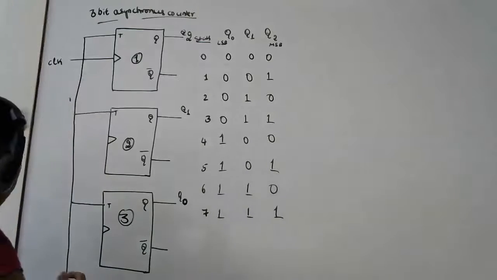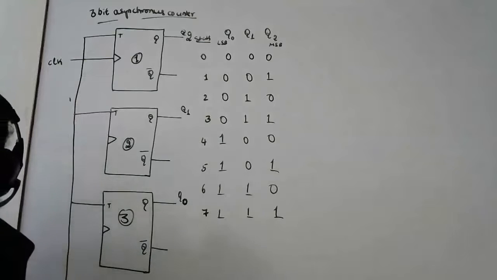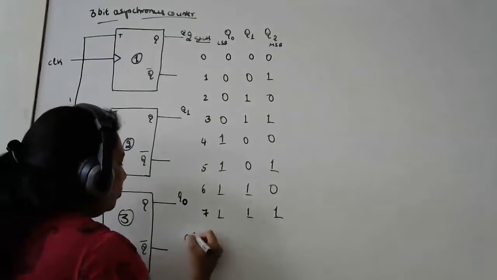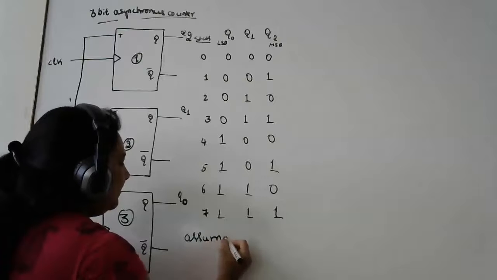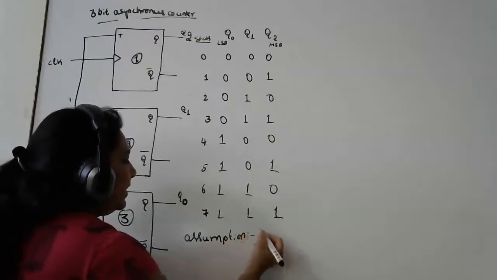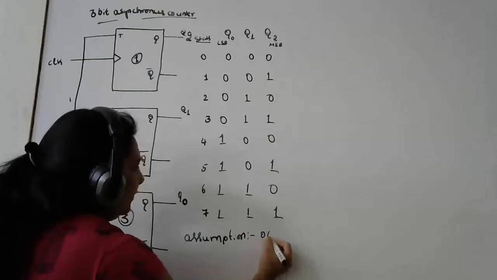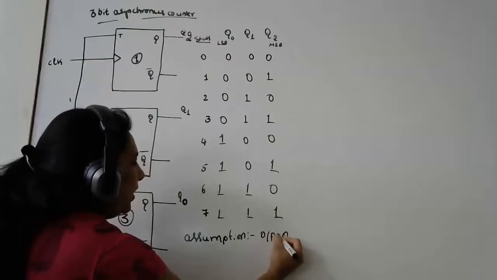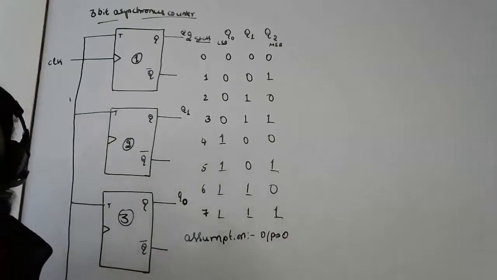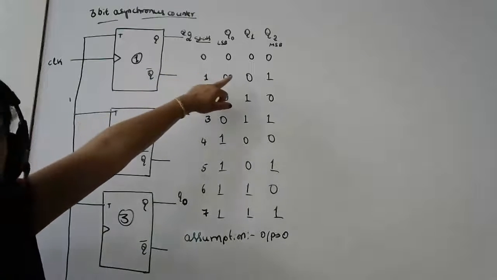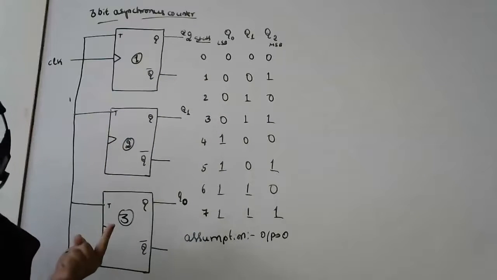Okay. And then what's the assumption to start with? What are the 2 assumptions I have? The first thing is my output state. The first output state is 0. That is, I have made all my 3 outputs 0, 0, 0. I have started with the state 0, 0, 0. This is my first assumption. What is the second assumption?